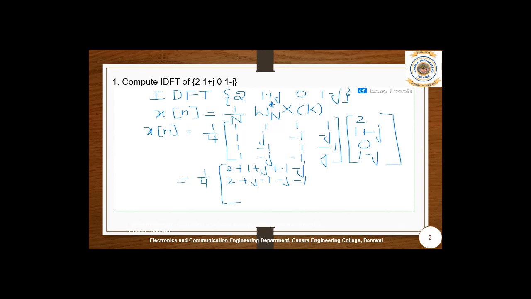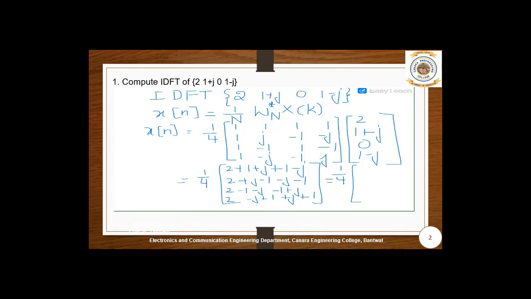Then we have 2 minus 1 minus j minus 1 plus j. Then we have 2 minus j plus 1 plus j plus 1. This gives you 1 by 4.